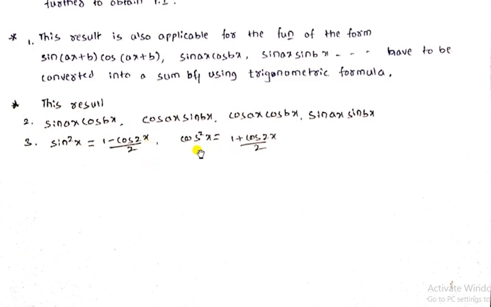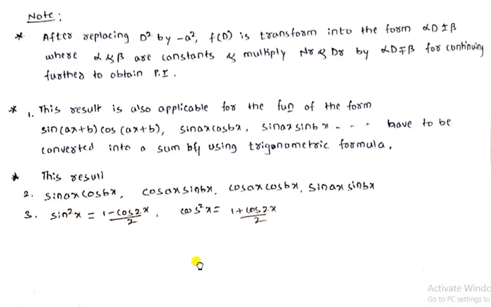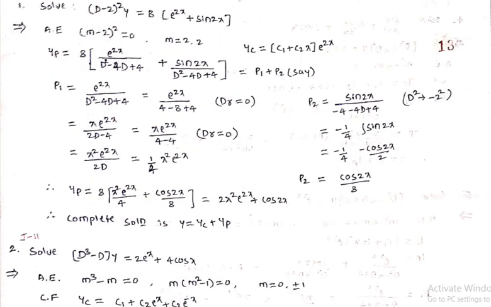Suppose the function is cos square x, then replace cos square x as 1 plus cos 2x divided by 2. Now by using problems, we will discuss these points again.